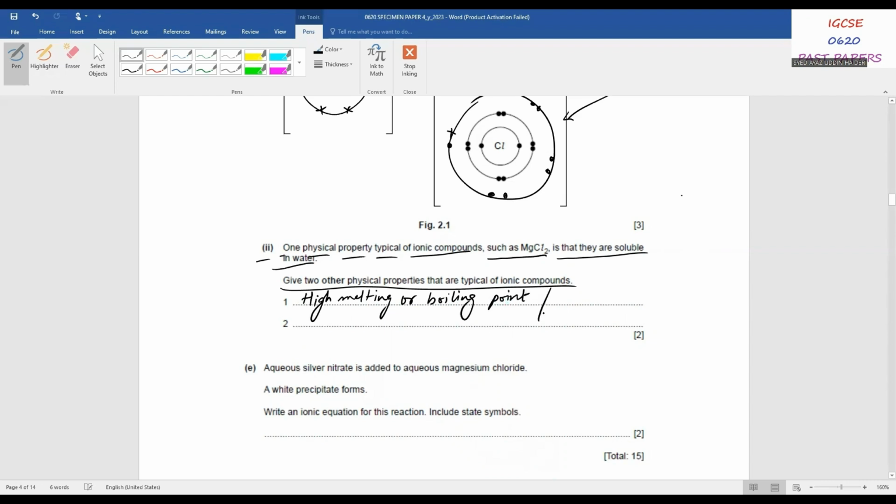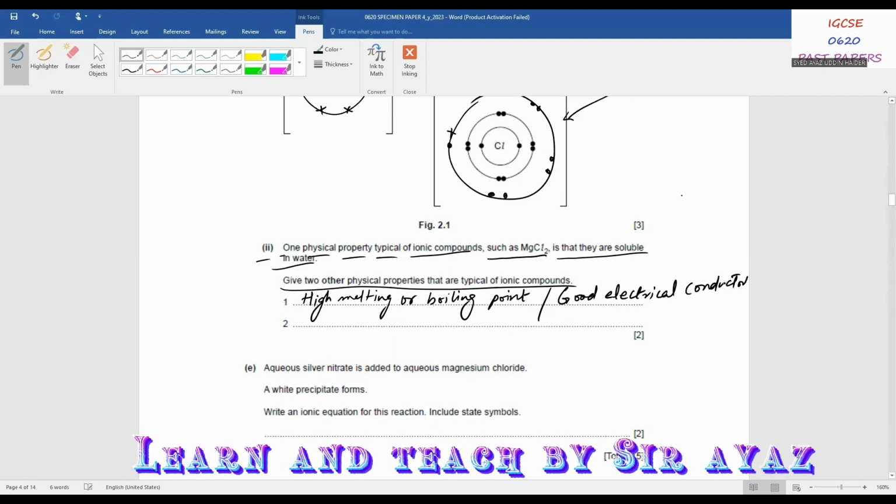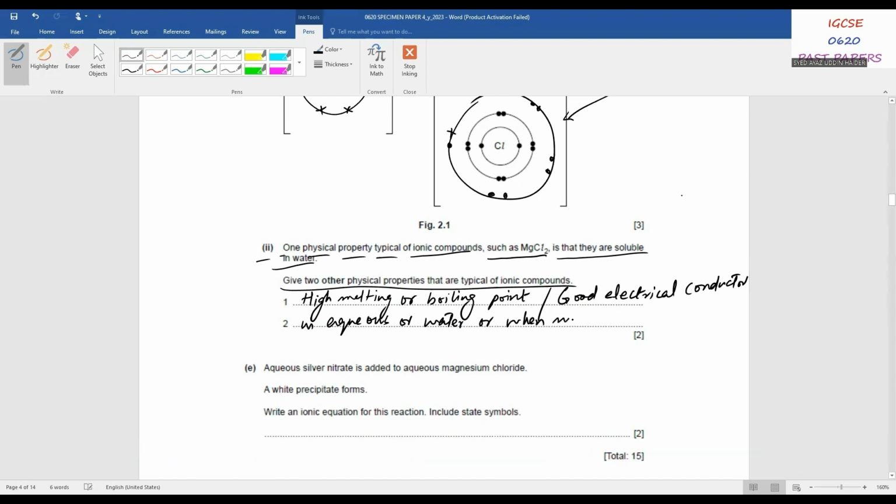What else can you write? Good electrical conductor, in aqueous solution or water, or when molten.